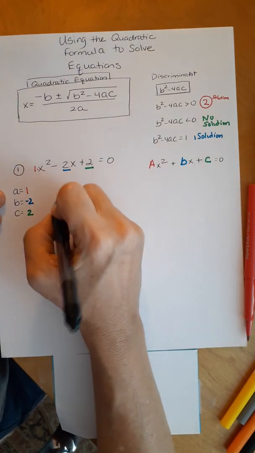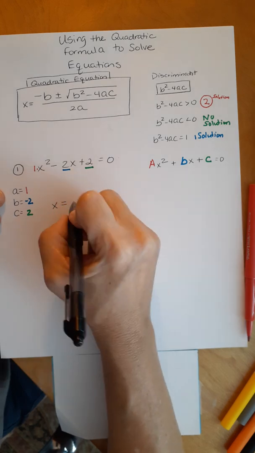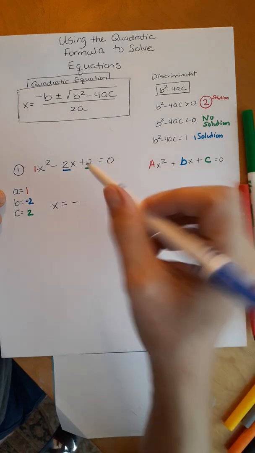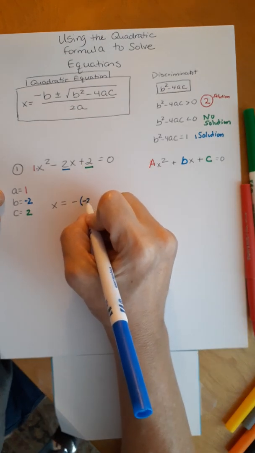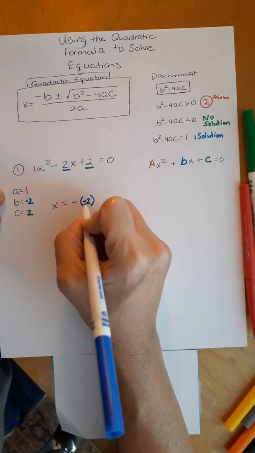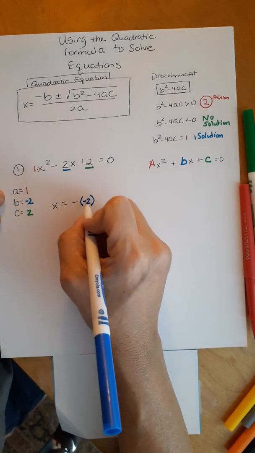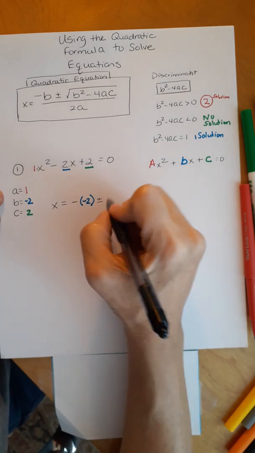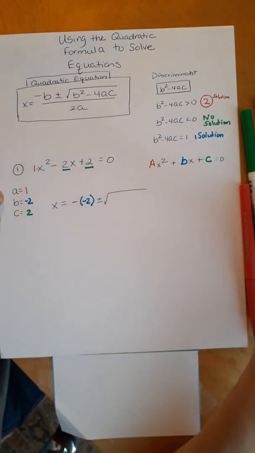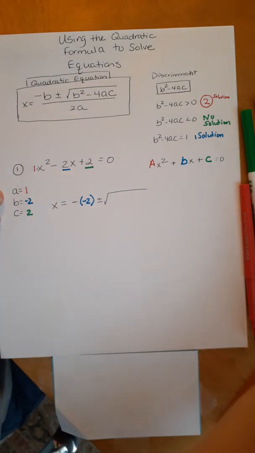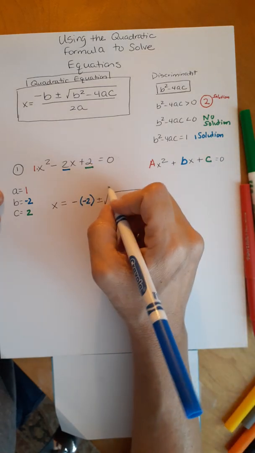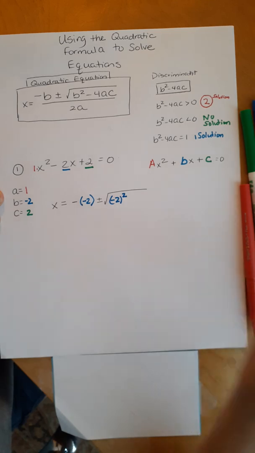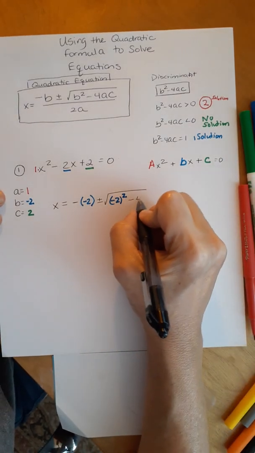Here we go. X equals negative. What's my B? Well, it's negative 2. No big deal. I'm going to put it in parentheses, negative 2, because even if this says negative, we still write it exactly the way it is, negative 2. Okay? Plus or minus the square root. What's my B? Negative 2 squared minus 4.